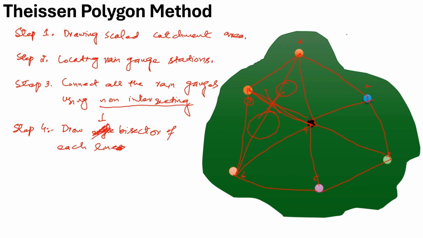Perpendicular bisector means, let us say we have a line which starts at point A and ends at point B, with a length of, say, 5 meters. A line which cuts this line into two equal parts is a bisector. Bisector means dividing into two equal parts.